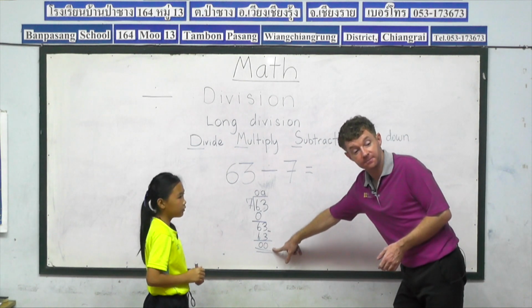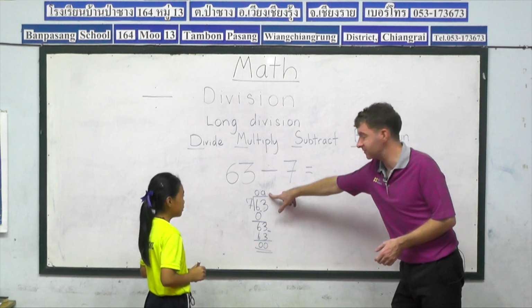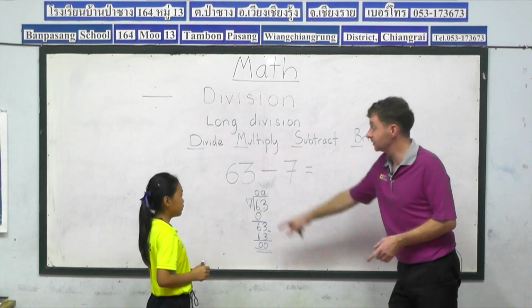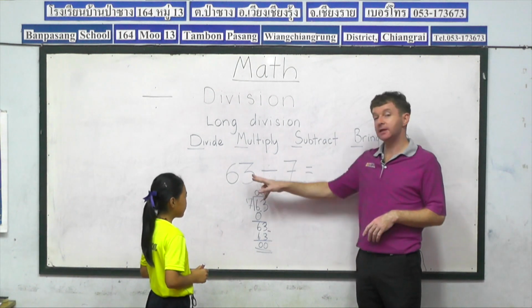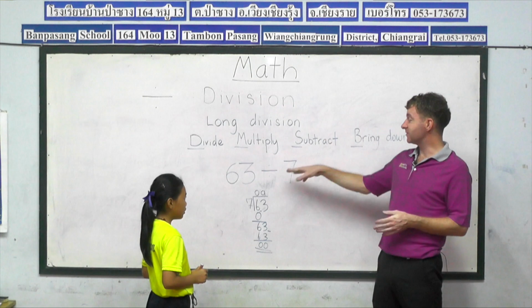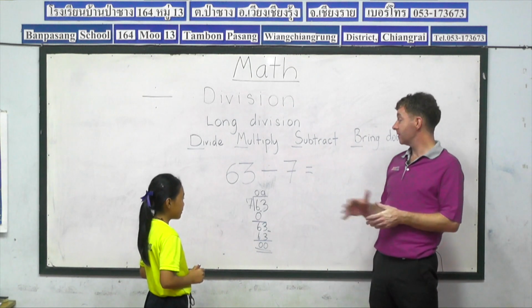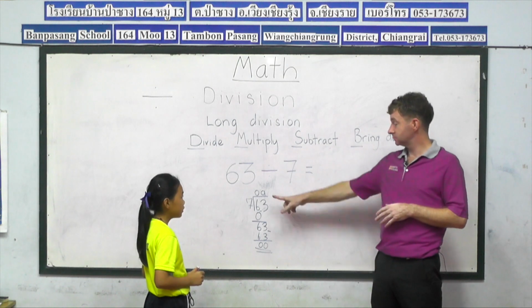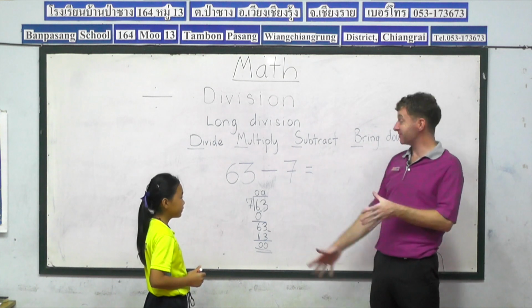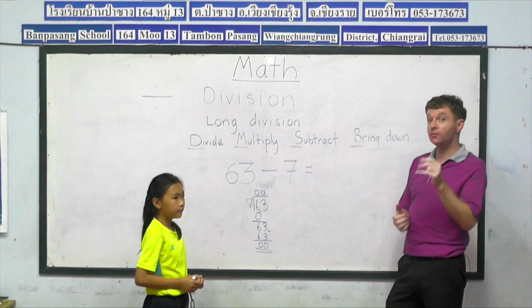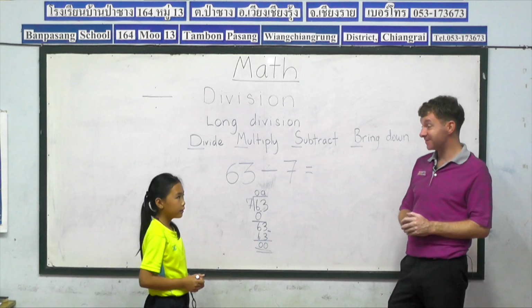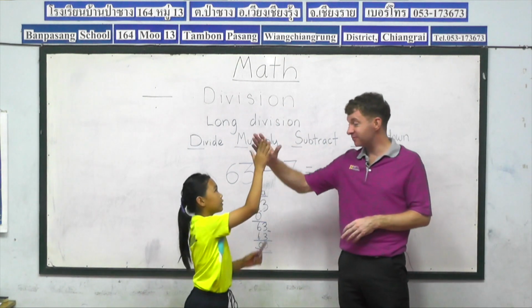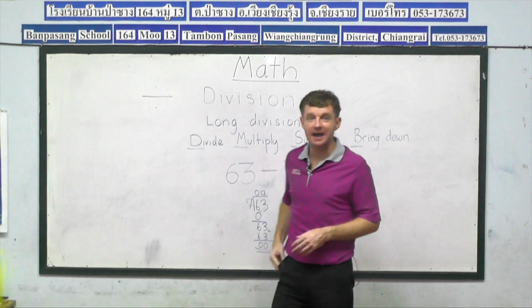Are we happy? We have our answer. What's our answer, guys? 9. So we can say 63 divided by 7 equals 9. And that's how we do long division of 2 digits by 1 digit. Nadia, that was excellent. High five. Big round of applause for Nadia, guys.